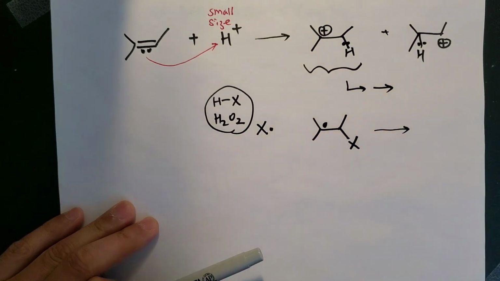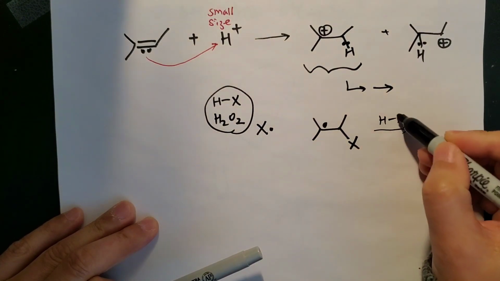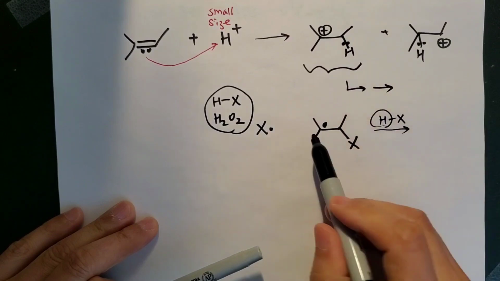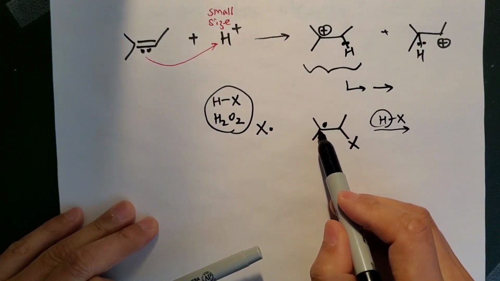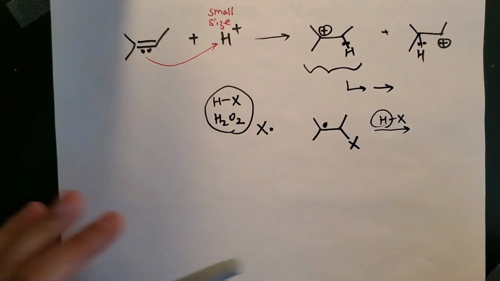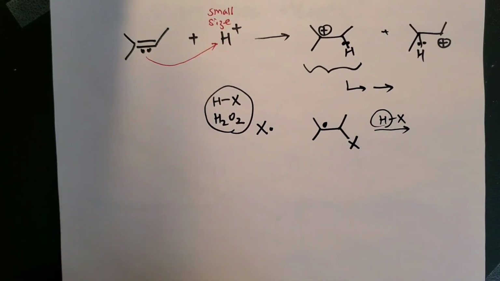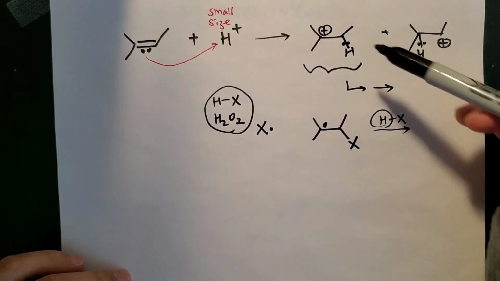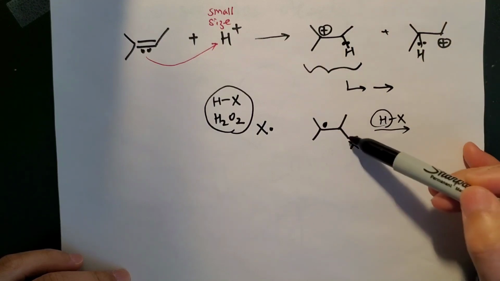Therefore, in the next propagation step, this hydrogen ends up coming here. So that's opposite to the regular case. This leads to the anti-Markovnikov product, and so on.